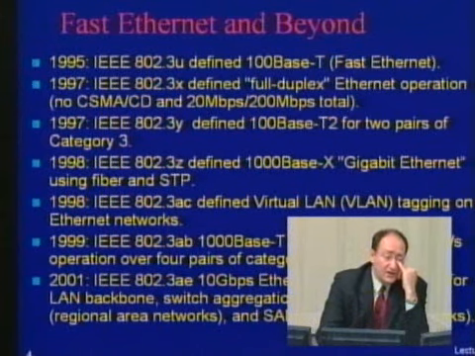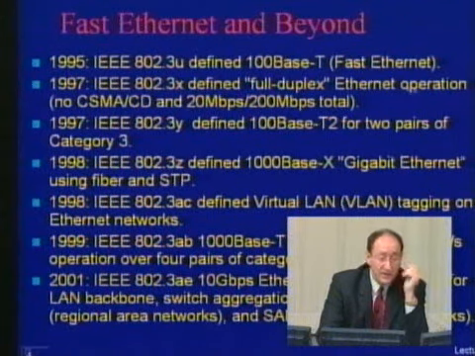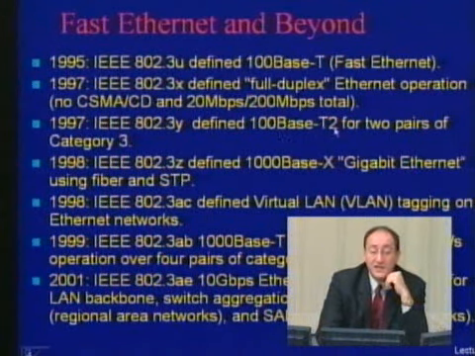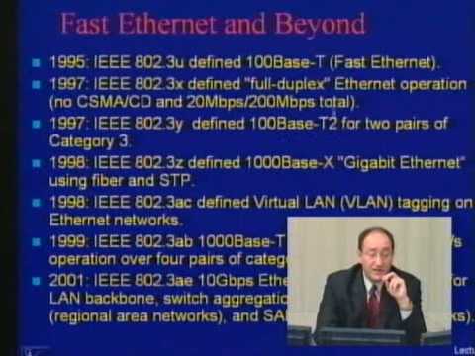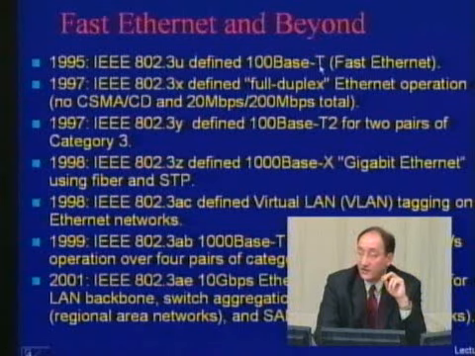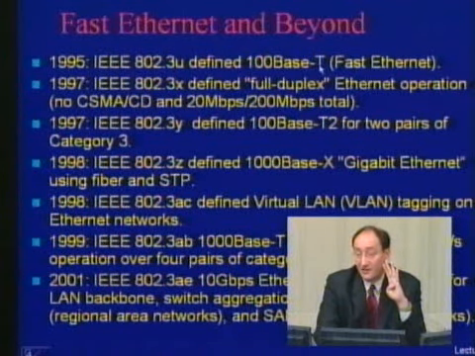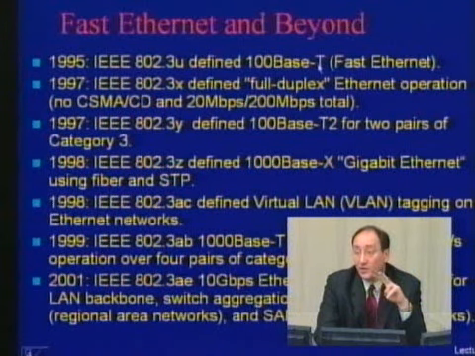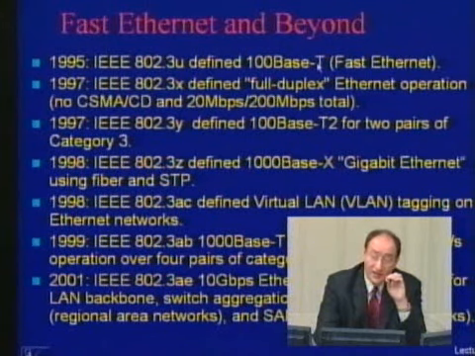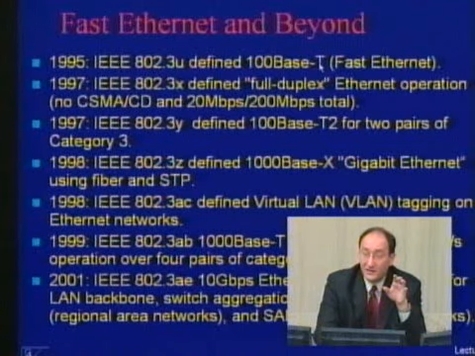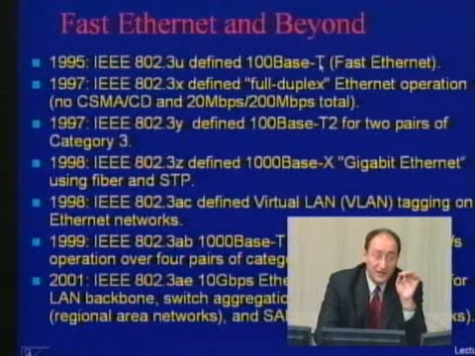Then in 1997, they also had 802.3y, which was 100BASE-T2. It means that the 100BASE-T that I have here works on 4 pairs of Cat3 and 2 pairs of Cat5. By now you know what Cat3 and Cat5 are. Cat3 is lower grade for telephone, Cat5 is office grade, and then they have Cat5e.